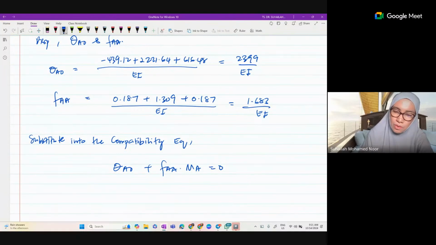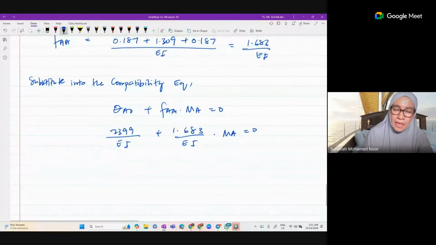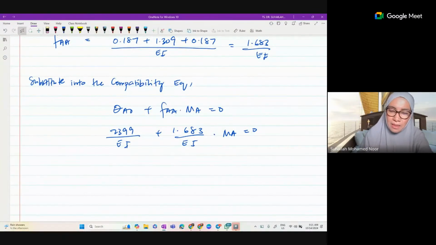So gantilah 2399 over EI plus 1.683 over EI times MA equal to 0. EI will be cancelled.